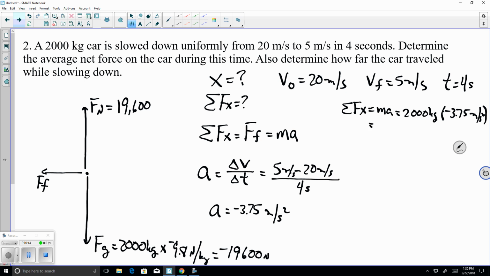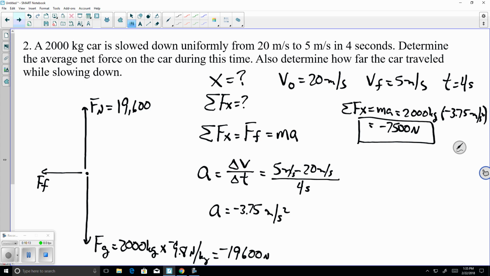And that is going to give me a force of minus 7,500 newtons. All right. So now I know the net force there is minus 7,500. So then I go back up into my motion equations. This is our first answer here.